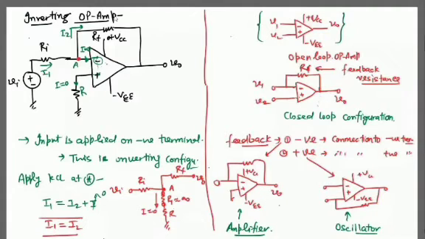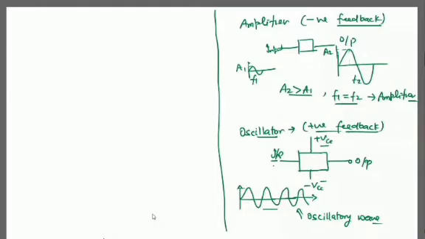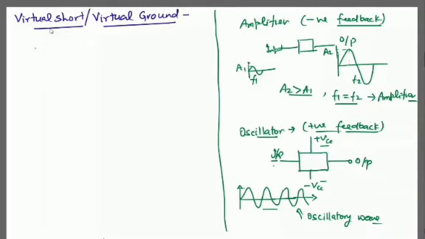So let me explain this phenomenon. This is known as virtual short or virtual ground. Virtual short or virtual ground. You see, this is a very interesting phenomenon, minus, plus.